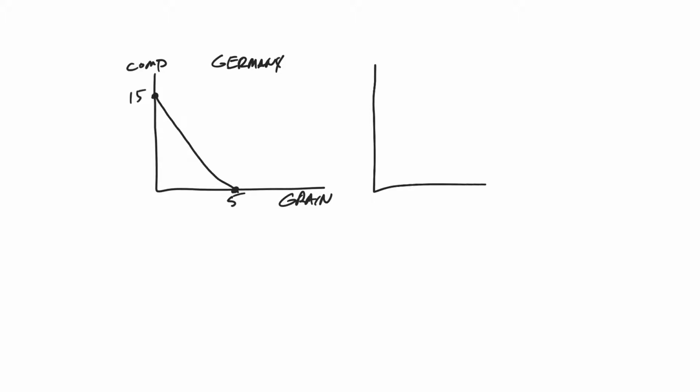It also states that in Poland, a worker can produce 4 computers or 4 units of grain. And there is the Poland production possibilities curve.